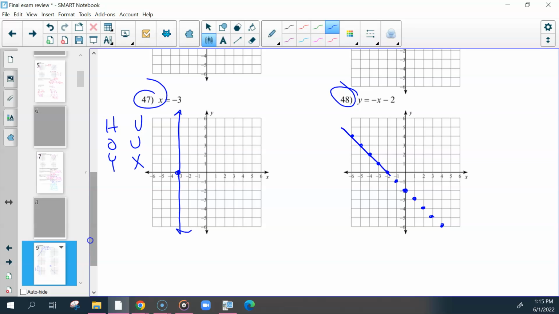And connect. Questions on that one? Are there any others on this page you want to see or go over?